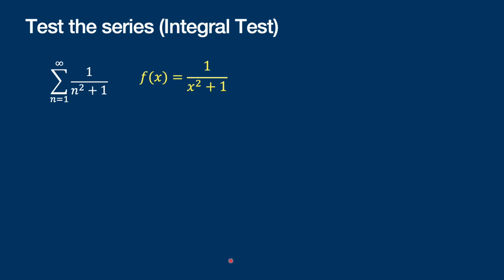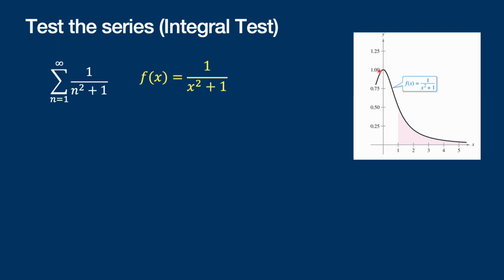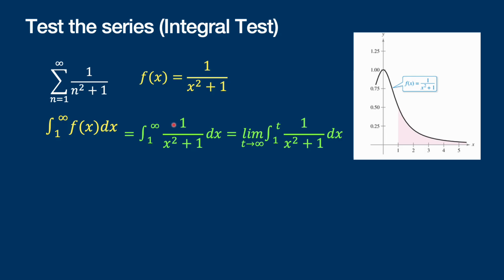I sketched this function: decreasing, continuous. So we want to do the improper integral from 1 to infinity of f of x dx. Let's figure it out: the integral from 1 to infinity of 1 over x squared plus 1 dx.